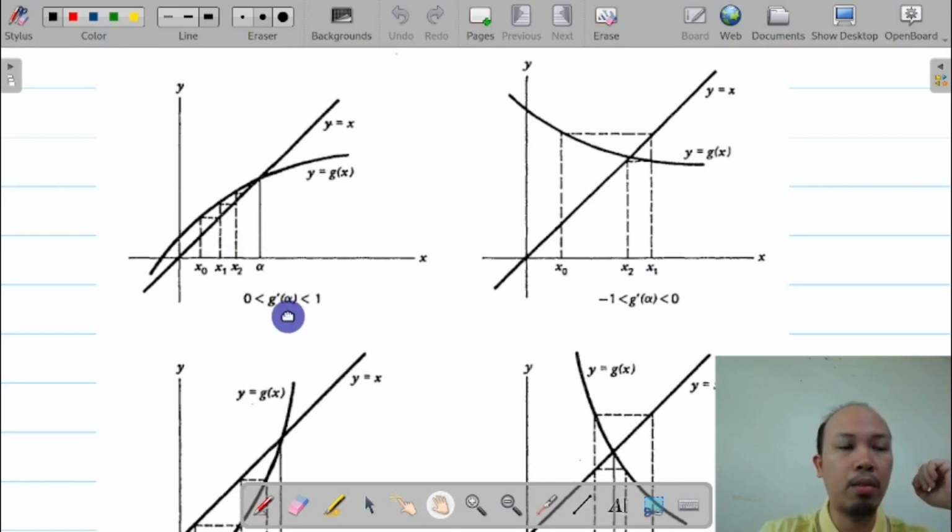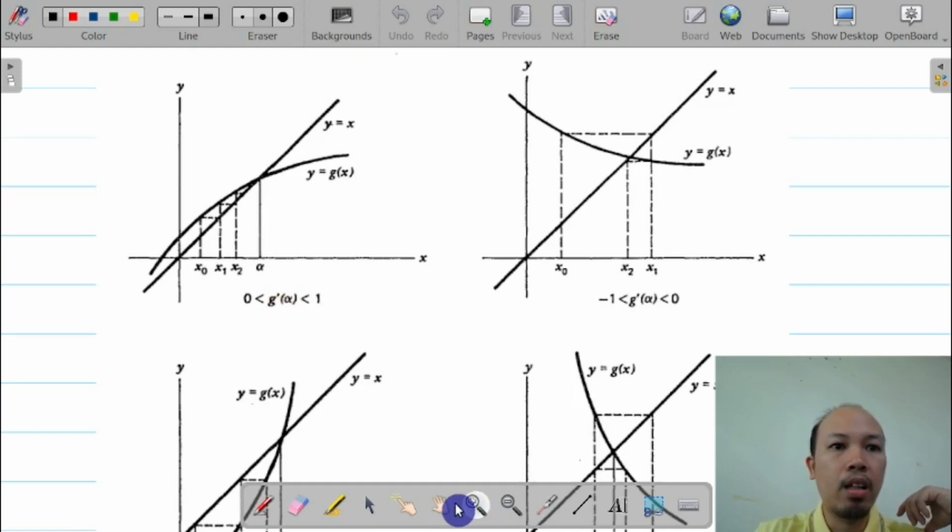The absolute value of the derivative is less than 1, greater than 0. If this one here is the fixed point of the function y equals g of x, and if you start and iterate x_0, x_1, it will converge to our fixed point as long as the derivative is less than 1.